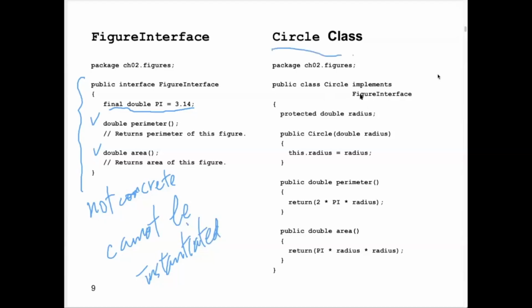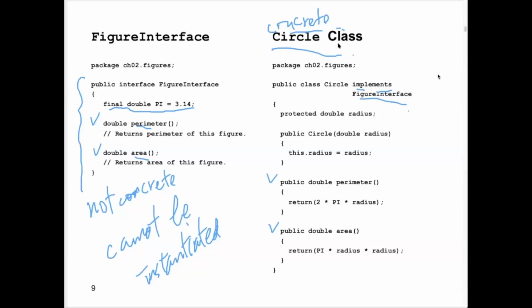Now, a Circle class implements this interface. By implementing the figure interface, your concrete class, this is the concrete class, has to implement these methods. What is the first method? Perimeter. The second one is area. So you have perimeter and area. This is not an override; it's simply implementing what's declared inside the figure interface.